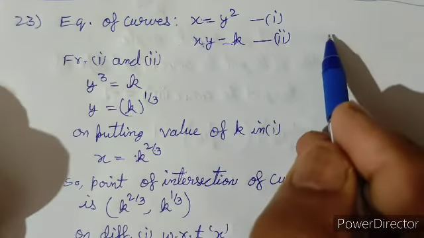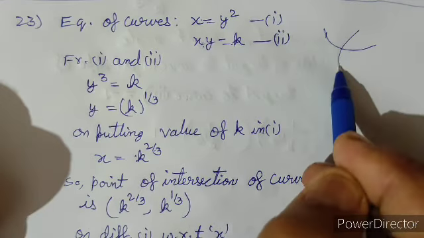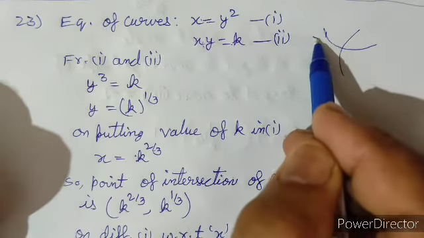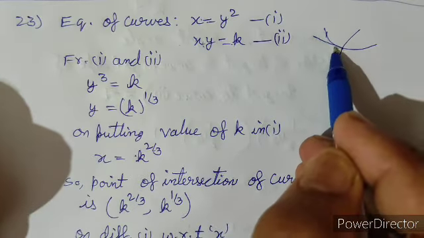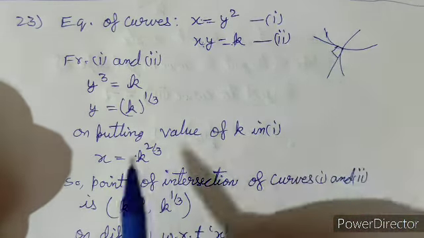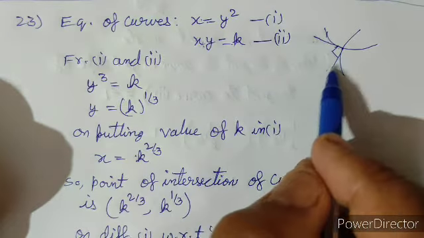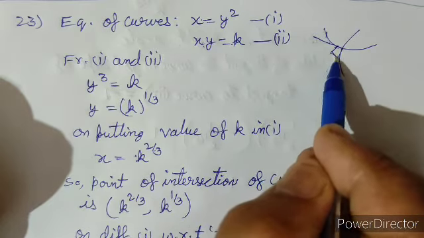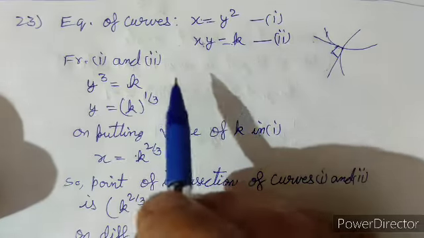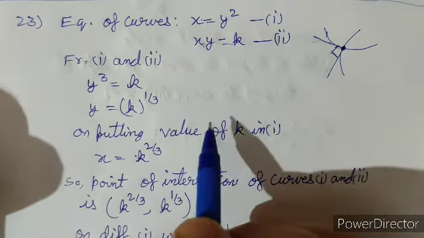Now if suppose these two curves cut each other at right angle, that means the angle between the tangents to the curves at the point of contact is equal to 90 degree, or you can say the tangents to the curves at the point of contact are perpendicular to each other.